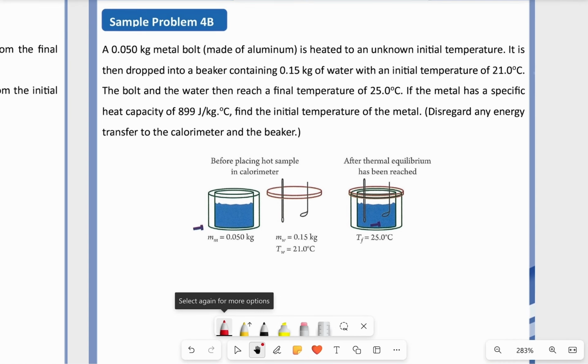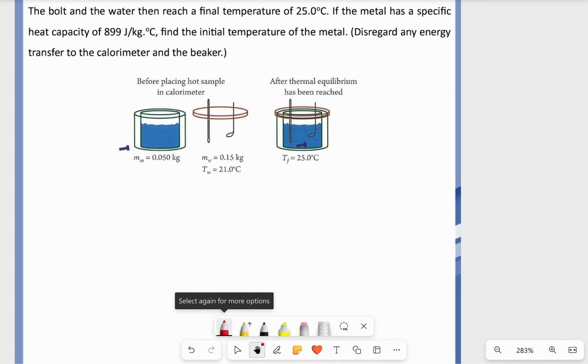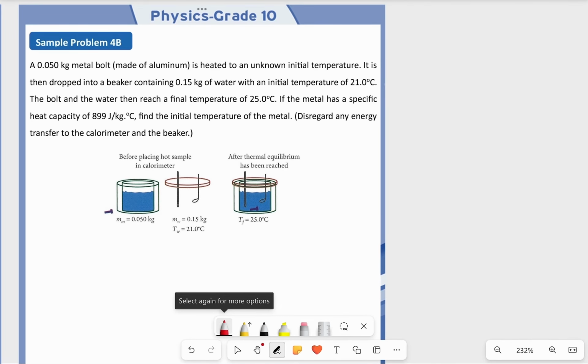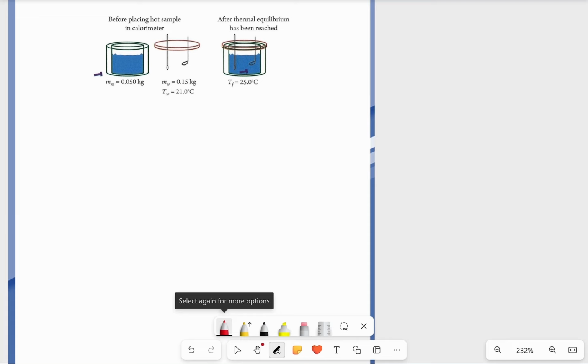Let's solve this question, sample problem 4A. It says a 0.05 kilogram metal bolt made up of aluminum is heated to an unknown initial temperature. Because you have 2 givens for 2 different substances, make sure to write them separately.